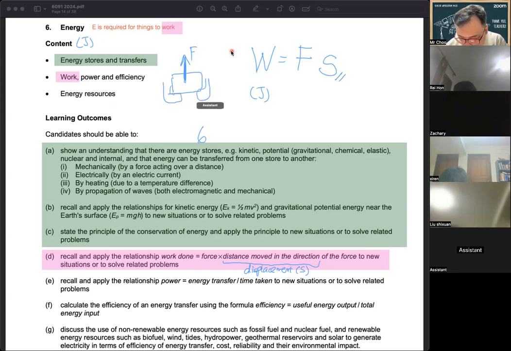How about if you're holding the phone and walking from left to right? Is there any work done? You are holding your phone, but you are moving from left to right. Siren say no. How about the rest of you?